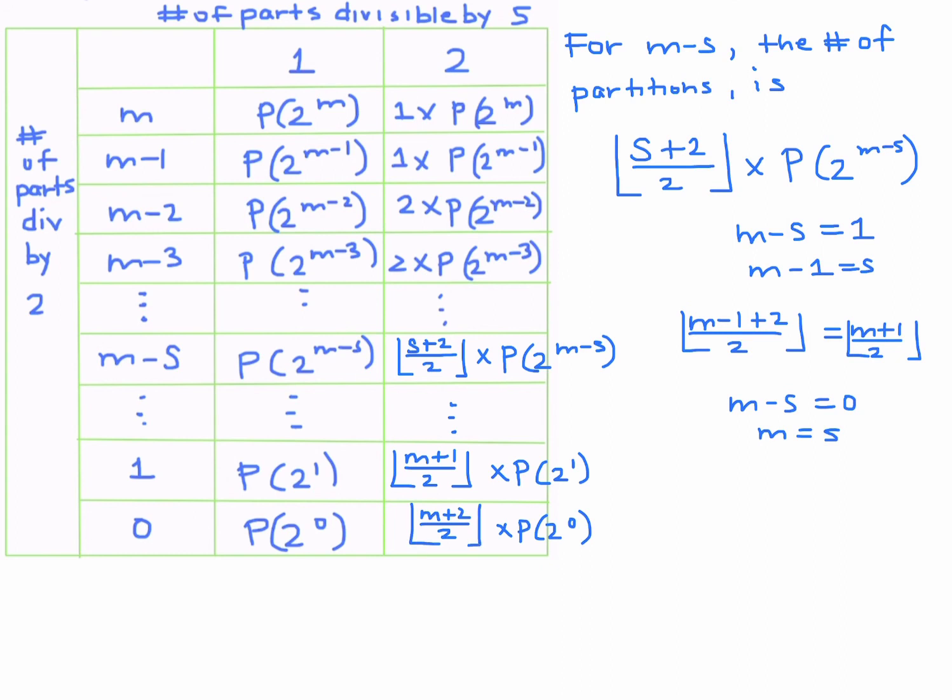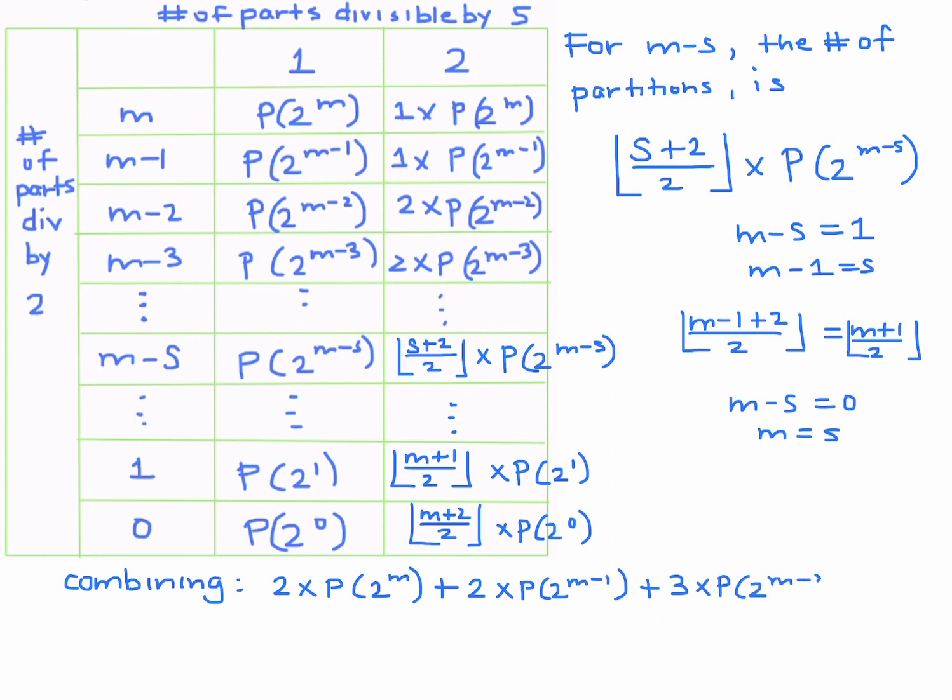And now what I will do is I will combine them both. I will add this column to this column, then one next to it. So if I do, my very first one becomes 2 times p to the 2 to the m. And then the next one, these guys will become again 2 times p to the 2m minus 1. And then the next one is 3 times p to the 2m minus 2.